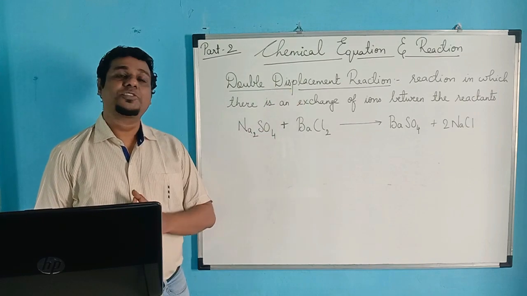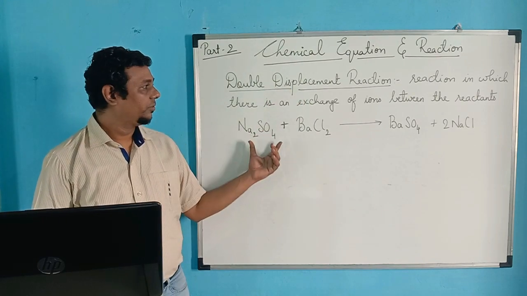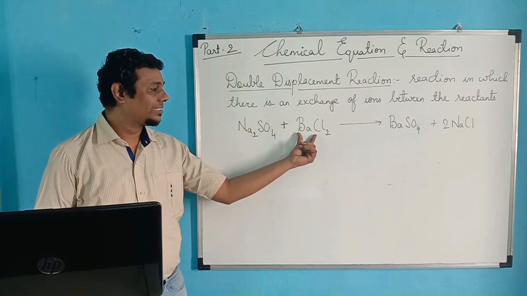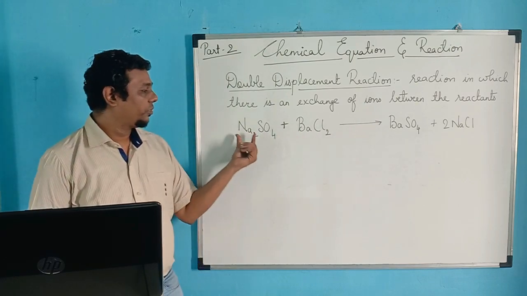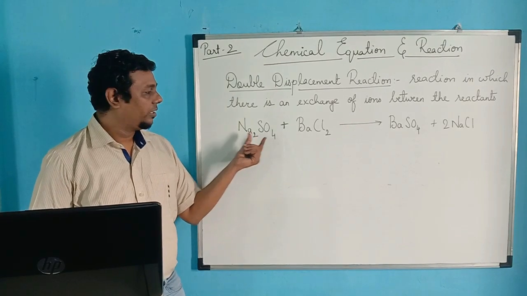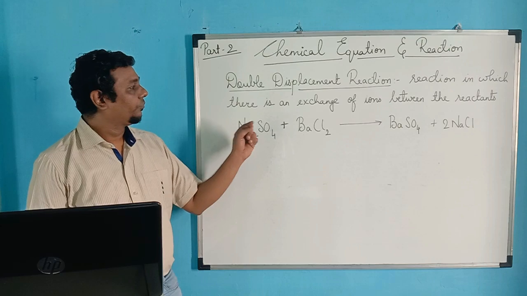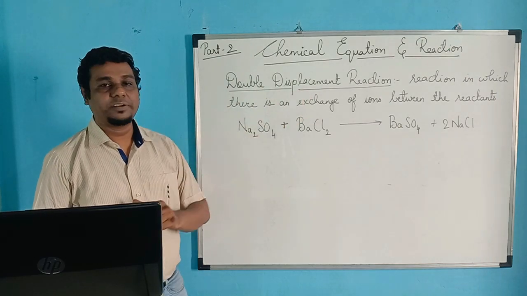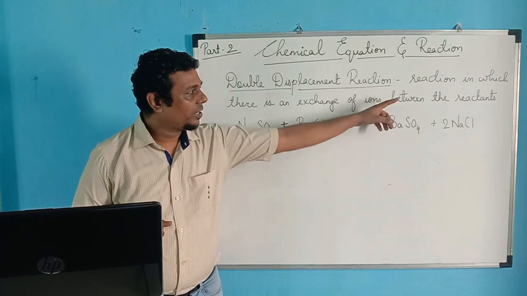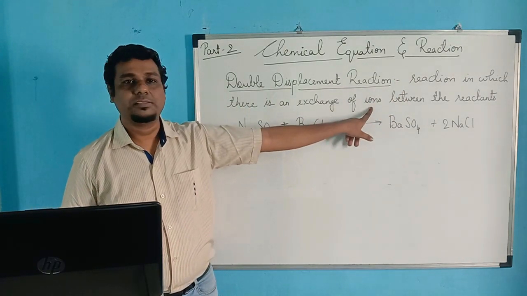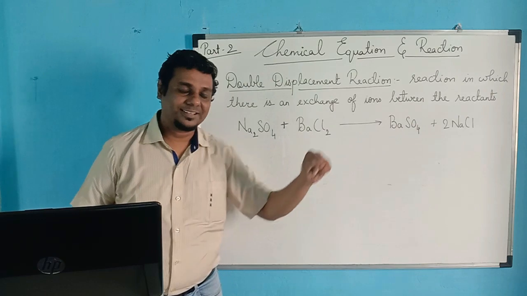It's just like displacement reaction, but in double displacement two compounds get displaced among each other. The positive ion of compound 1 is exchanged with the positive ion of compound 2. In words, you can write it like this: a reaction in which there is an exchange of ions between the reactants.